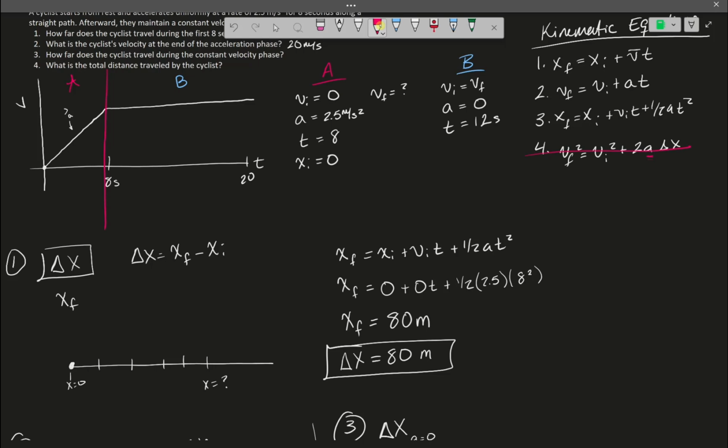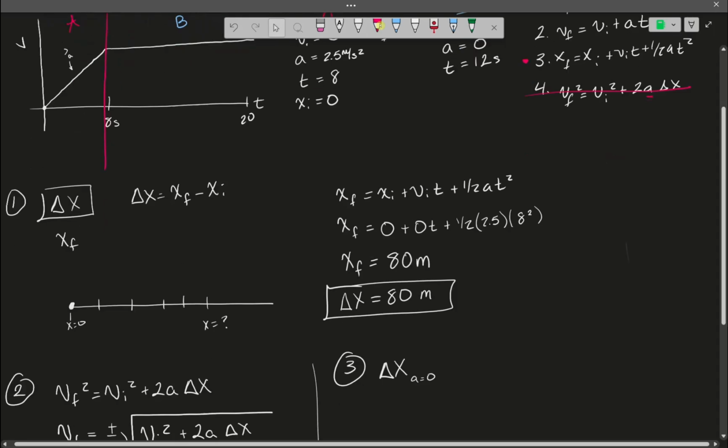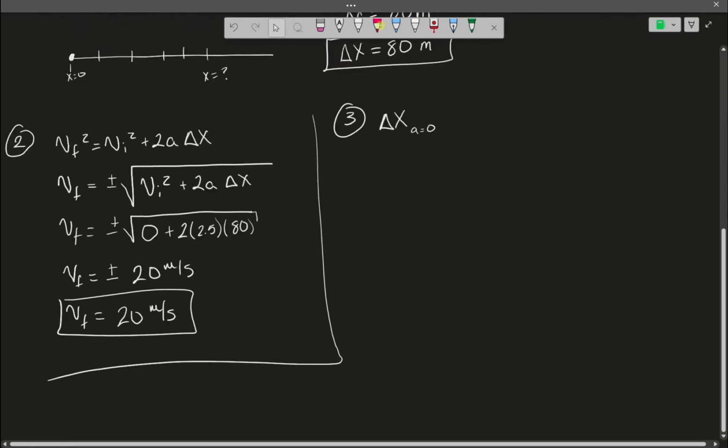I could use equation 3, right? Because I'm solving for a change in position. If I move that x initial over to the other side, I would get final minus initial, which is delta x. That's what I'm solving for. I have my initial velocity, because my initial velocity is the final velocity at the end of the acceleration phase, right?